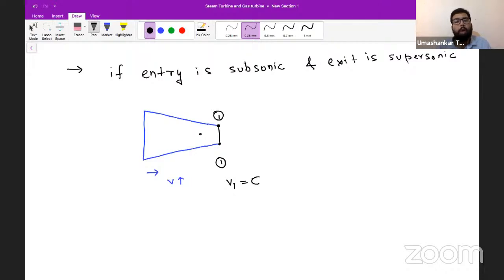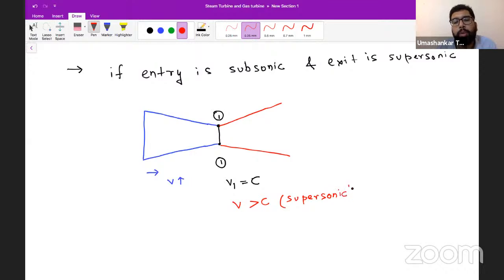But as we are making a nozzle, we need to increase the velocity even further. Then what should be done? We should diverge it. If you want to increase the velocity greater than c, that is the supersonic condition, we have learned that in the supersonic condition the nozzle must diverge.